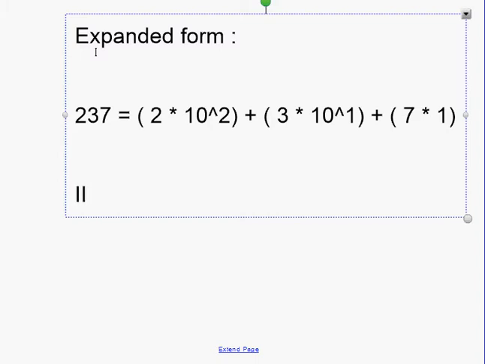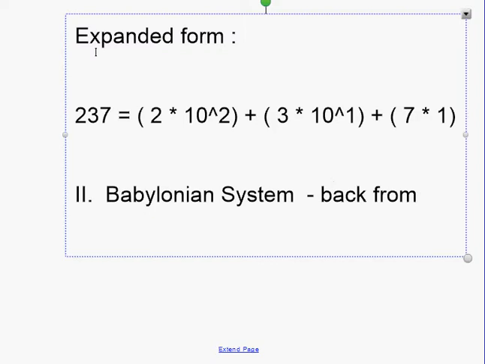Now the Babylonian system, another system discussed in chapter 4, goes back from 2000 BC to 600 BC.